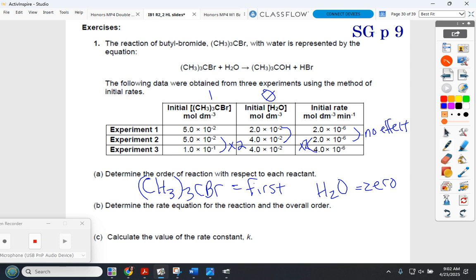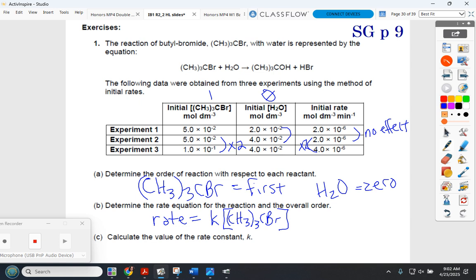All right, Nigel, why don't you let us know? It would be K times the CH3CBr to the first. And then the other one is to the zeroth, so you would have to include it all. Right. So you can write the one there, or it can be one of chemistry's many invisible ones, right?